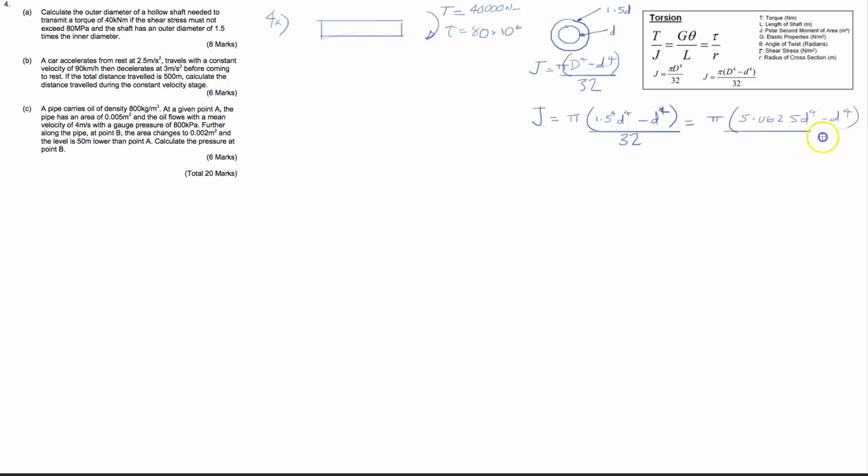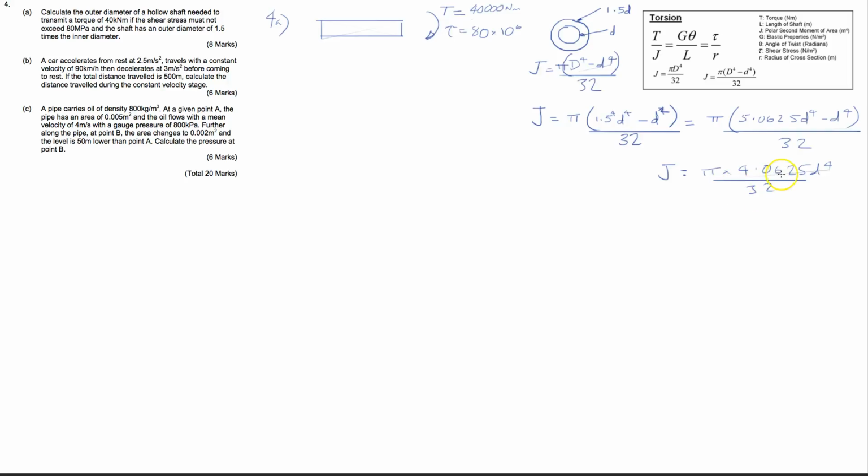I'll do it in separate steps so you can see what's going on. So J is equal to, 5 minus 1, so that's going to give us pi times 4.0625 d to the 4 all over 32.